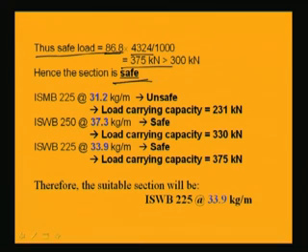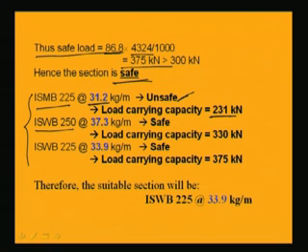So, what we are seeing from these three sections, that ISMB 225 with 31.2 kg per meter is unsafe, and load carrying capacity is coming 231 kilonewton.